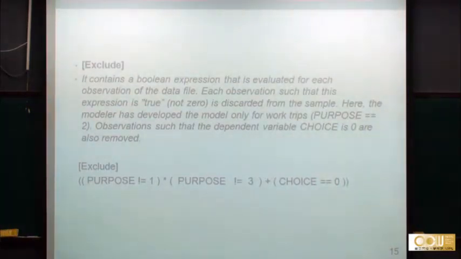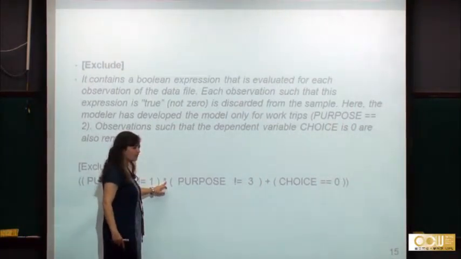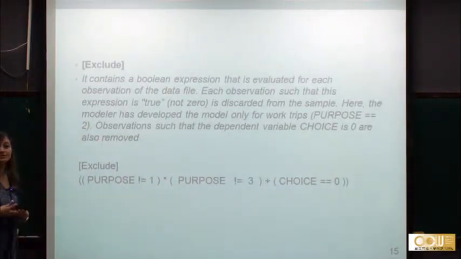Here the syntax says to exclude those who have choice equal to 0, and exclude if purpose is not equal to 1 and not equal to 3. That's what it's saying. This is not equal, and this is 'or' and 'and'. Anyway, this gives you the possibility to estimate different kinds of models.